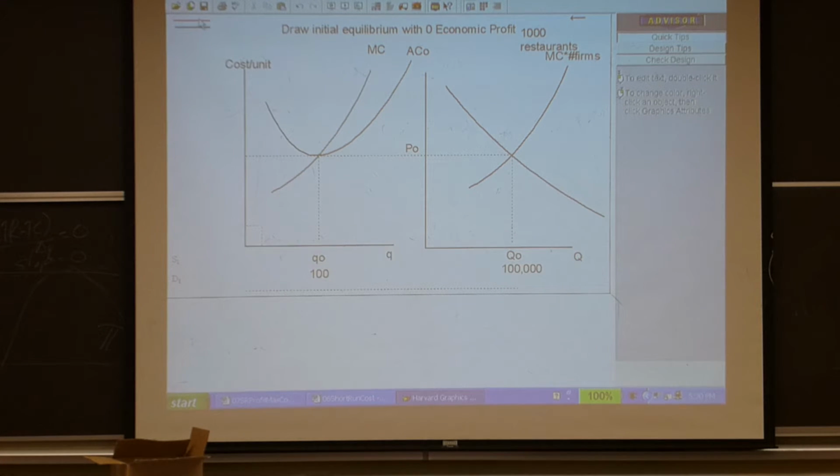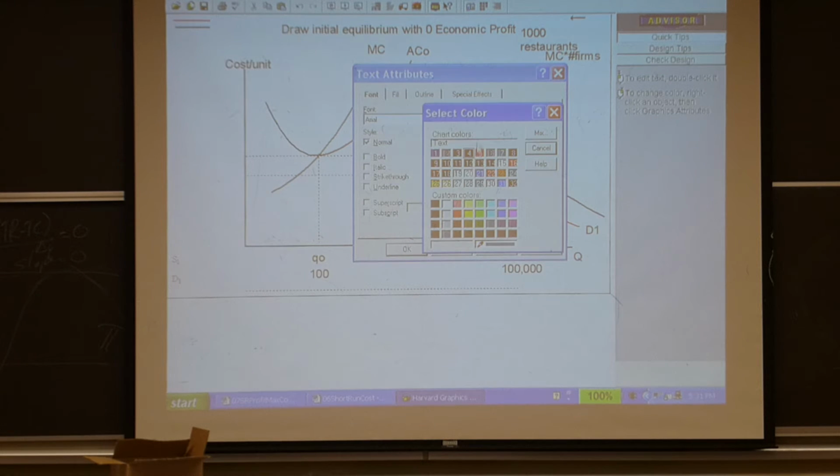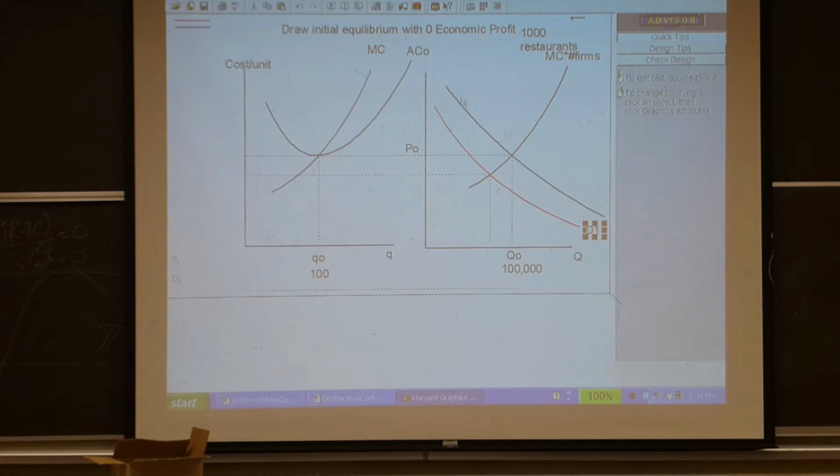So let's just do this. Demand falls, thus D1. There's a new equilibrium right here. Price falls. This is the prediction.